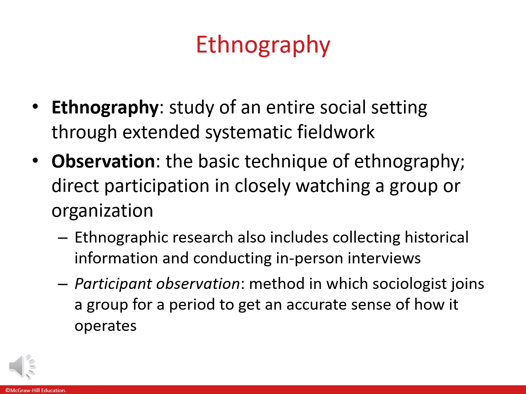Participant observation is a method in which a sociologist or any type of researcher joins a group for a period of time to get an accurate sense of how it operates. So the person might participate or just might watch a classroom interaction or watch the process of homeless people entering into a homeless shelter just to see how this program works.